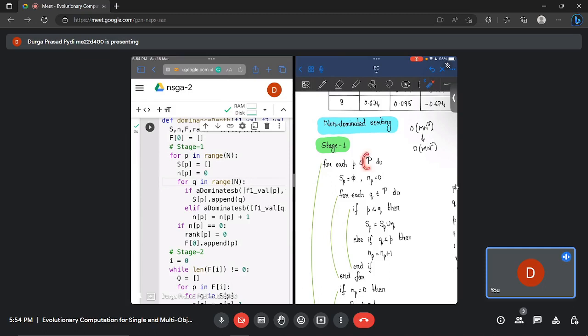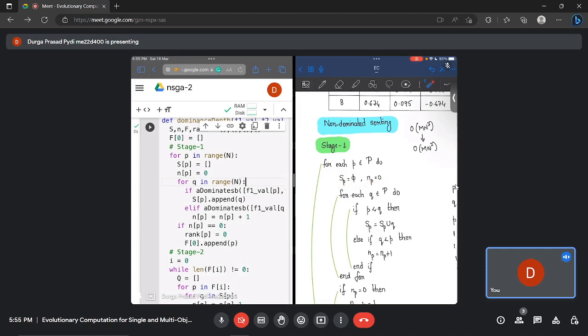This P is your parent population, so p will be each and every individual. The next step is SP equal to phi, the null set. In Python, you just write SP equal to empty braces, an empty list that doesn't have anything. The next thing is NP equal to 0.